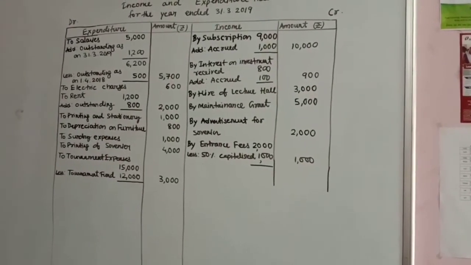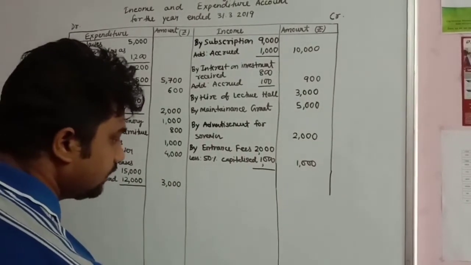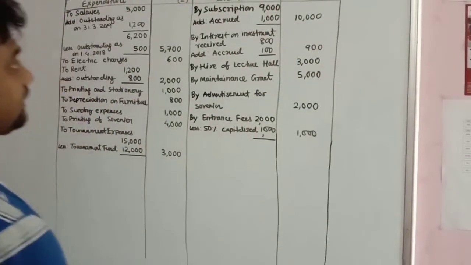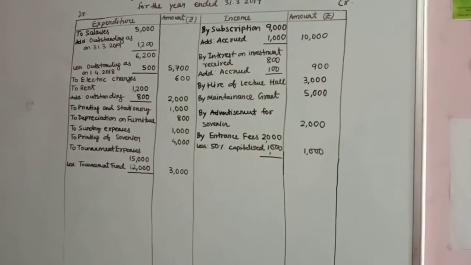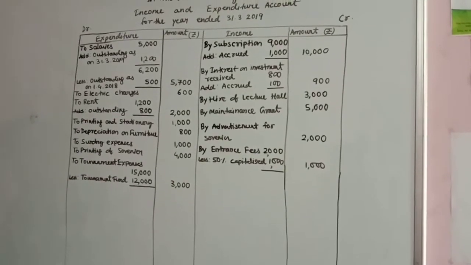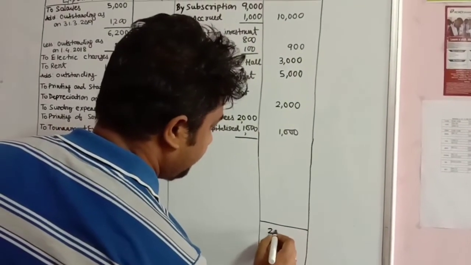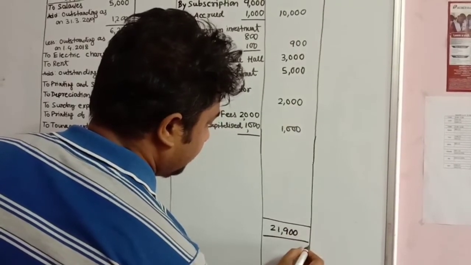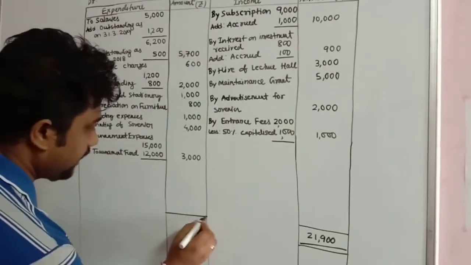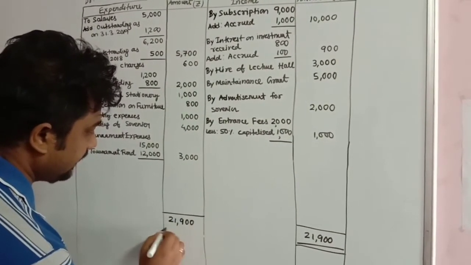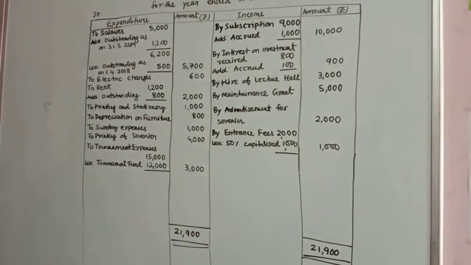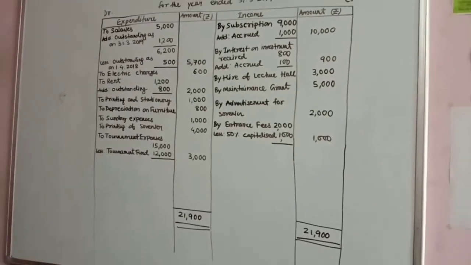Okay, so now your next task will be to compare the total amount that you get on both the sides. So you calculate both the sides, the debit side and the credit side. What you find is that the amount is more on the credit side, 21,900. So you write it on both the sides. Now the debit side, the amount is less, so the balance will come on the debit side. That is, income is more than the expenditure.